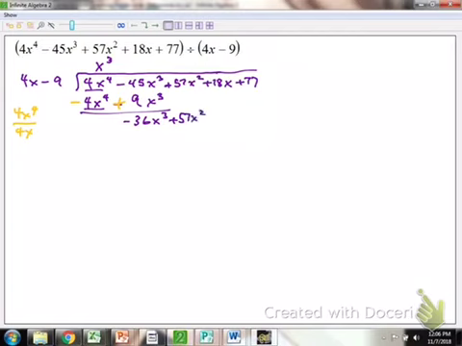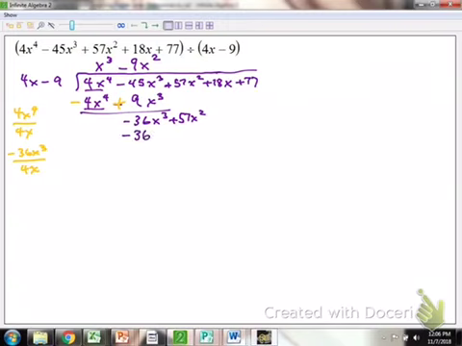Now we start the process over again. Negative 36x cubed divided by 4x is negative 9x squared. And then we're going to multiply negative 9x squared times 4x minus 9.